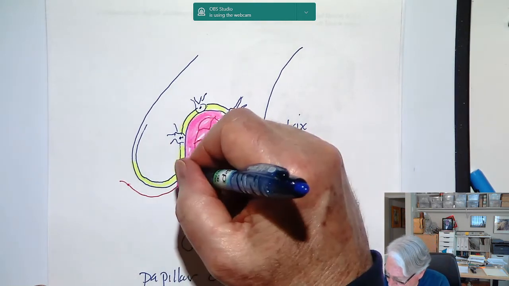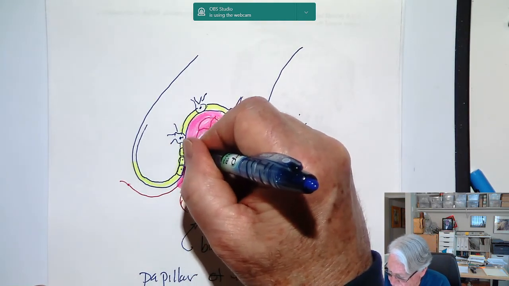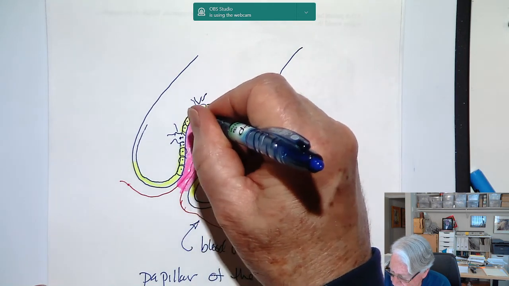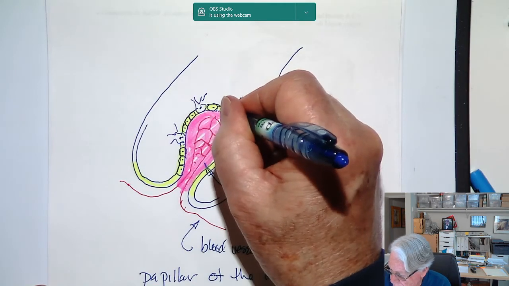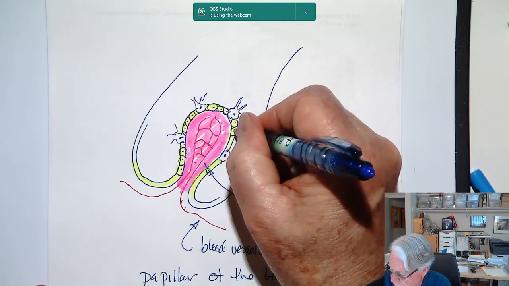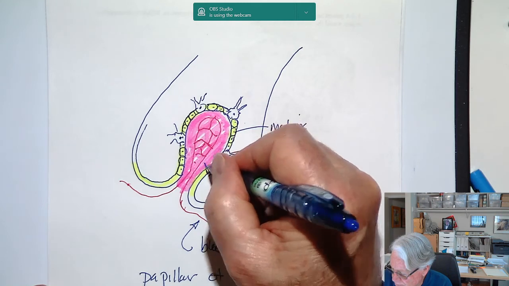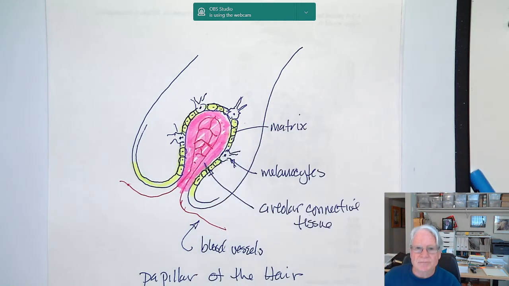And if we want to get a lot of details, this is a single layer of cells, and that's the stratum basale that we talked about, okay? I'm getting way into this too much. Okay.